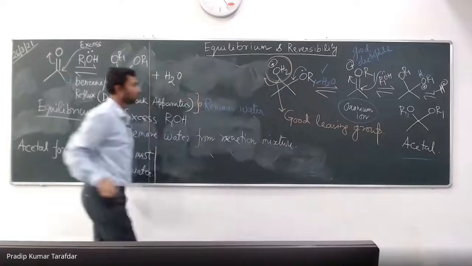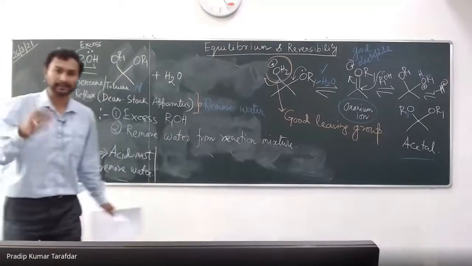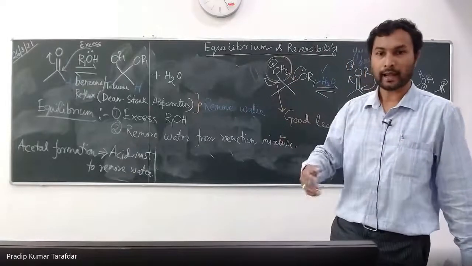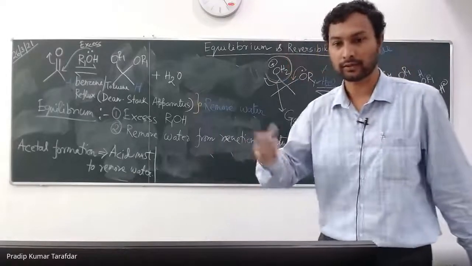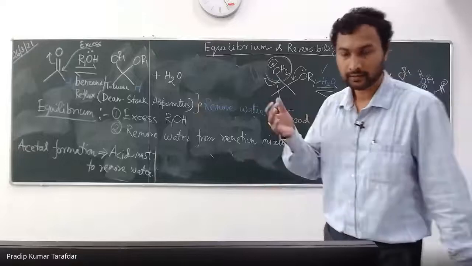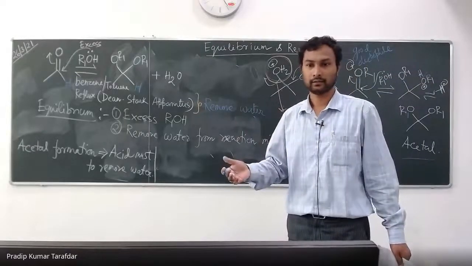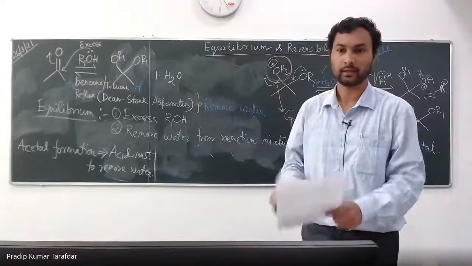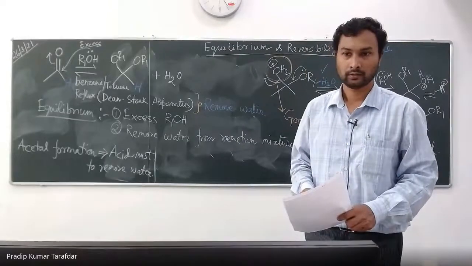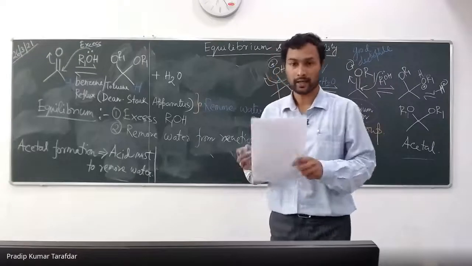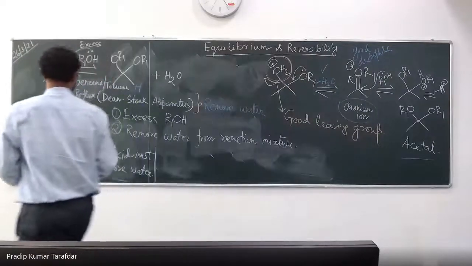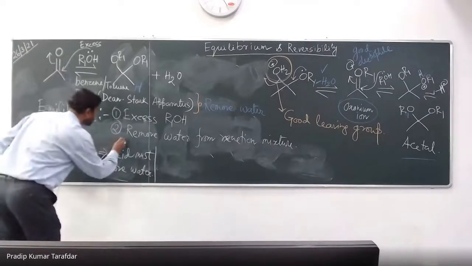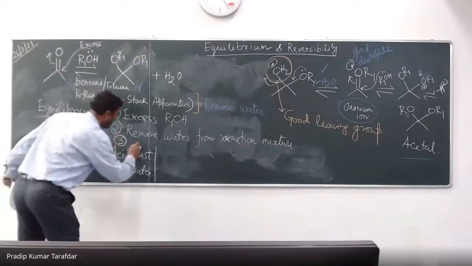Another thing is, whatever acid you are taking, you don't take any aqueous acid. Don't take aqueous HCl, because aqueous HCl means you already have some water in the mixture. So I should take some anhydrous acid. So the third is, you can take some anhydrous acid.